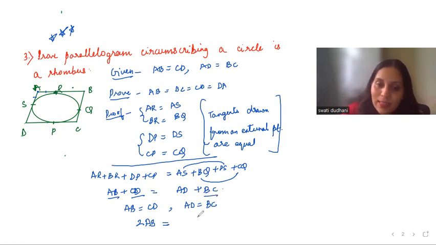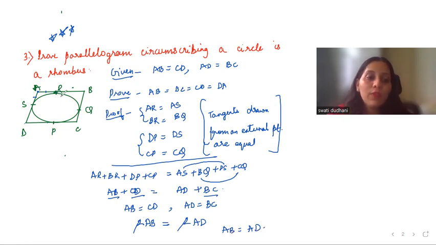So AD plus AD is 2AD. The 2 gets cancelled. We have proved AB is equal to AD. AB and AD are adjacent sides. If adjacent sides are equal, the parallelogram automatically becomes a rhombus. I hope this is clear. So hence proved.